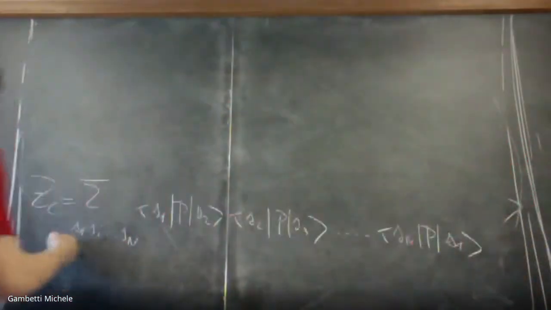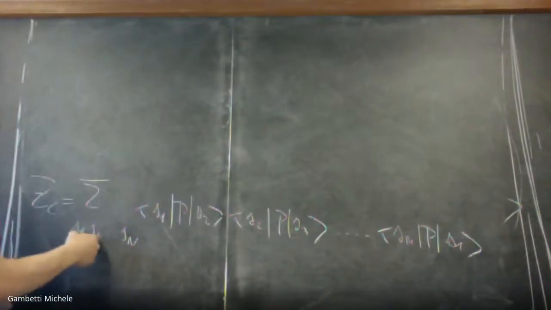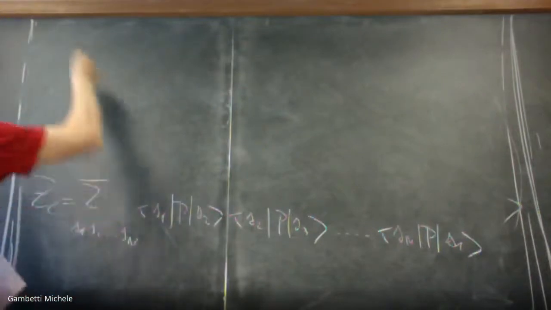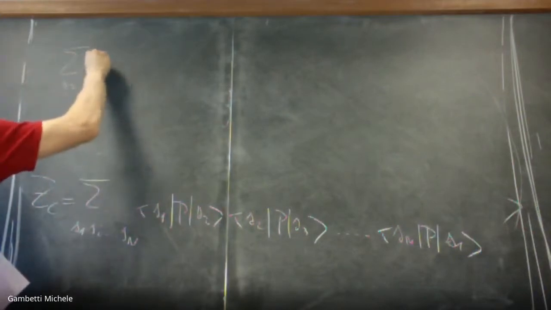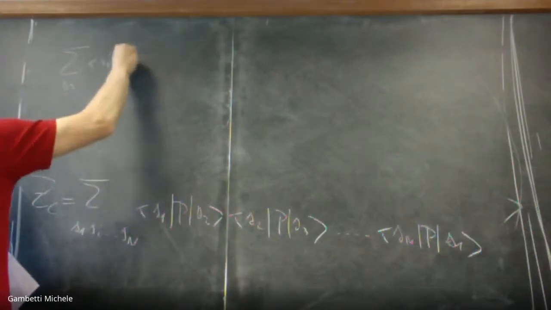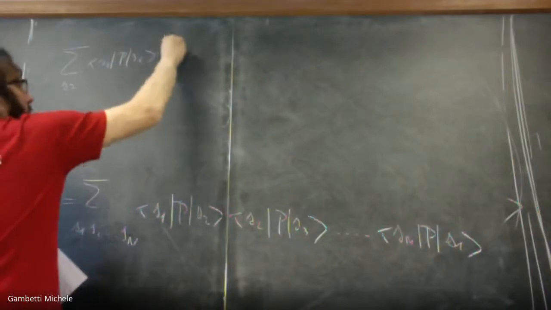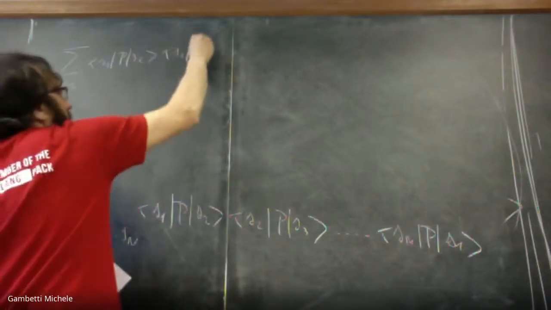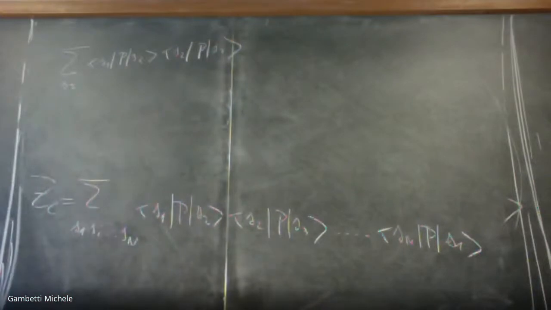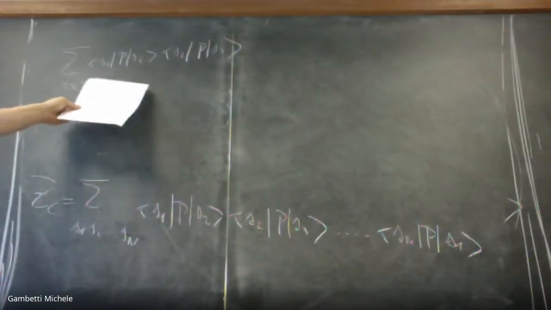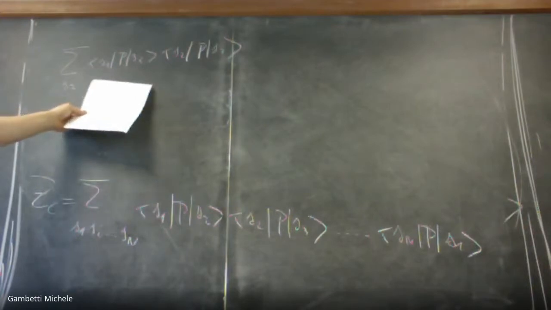Here I'm summing over S1, S2 up to Sn. When I do the sum over S2 of S1 P S2, S2 P S3, it is actually like making a product of two matrices, right?